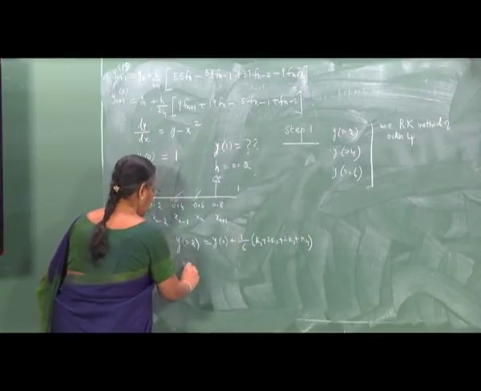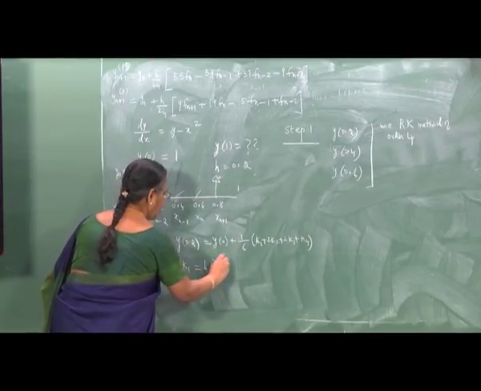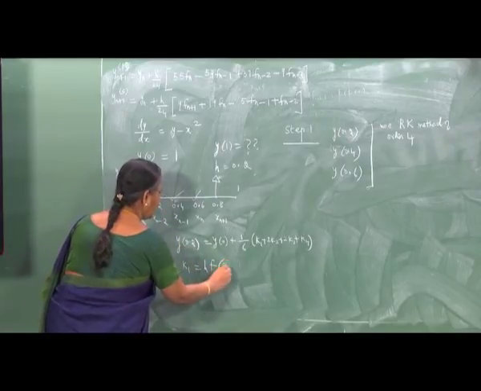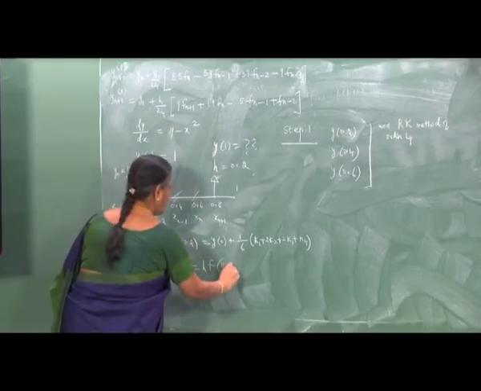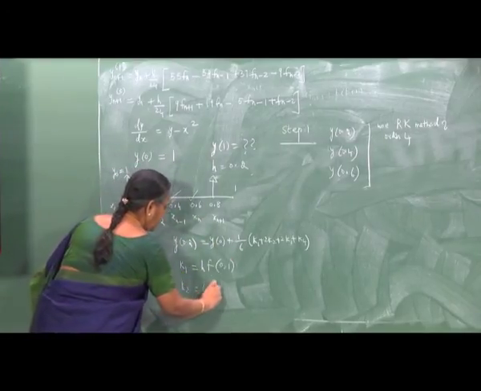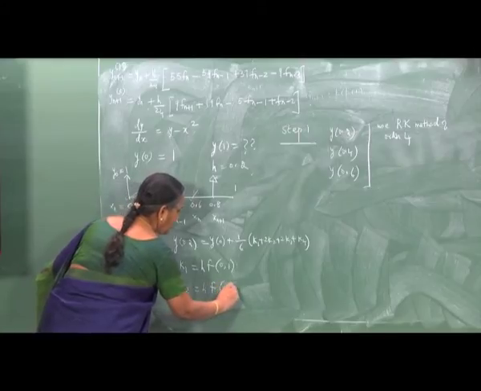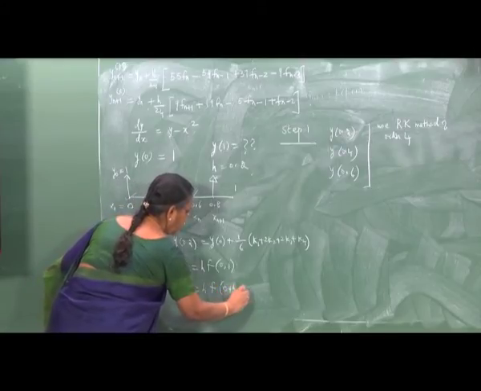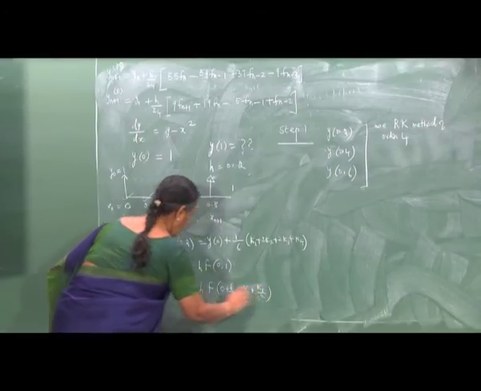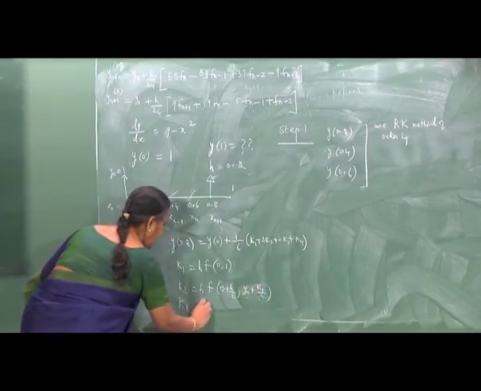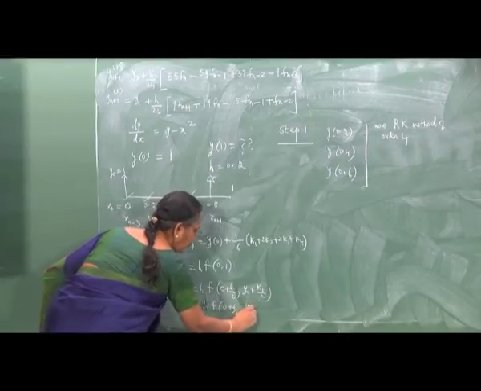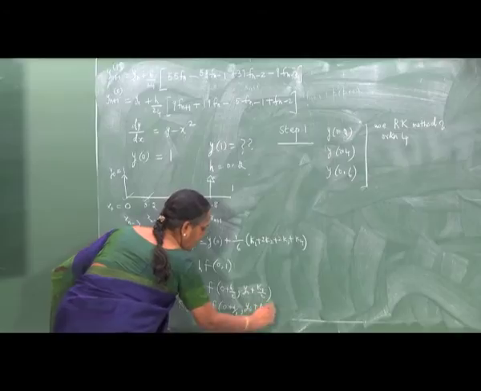What is k1? k1 is h into f of x naught, y naught. What is y naught? It is 1. And what is k2? k2 is h into f of x naught plus h by 2, y naught plus k1 by 2. And k3 is h f of x naught plus h by 2, y naught plus k2 by 2.